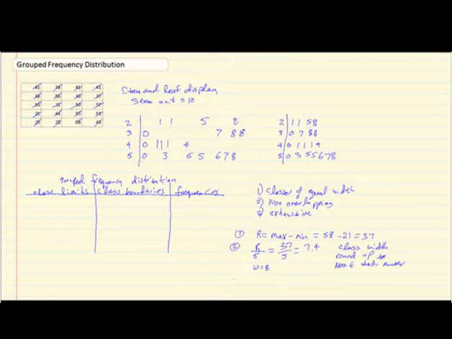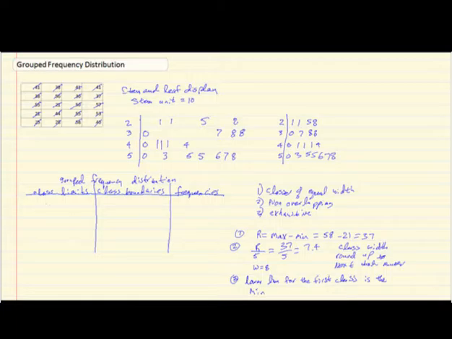So what we do is we start with the minimum value. Our lower limit for the first class is the minimum value.